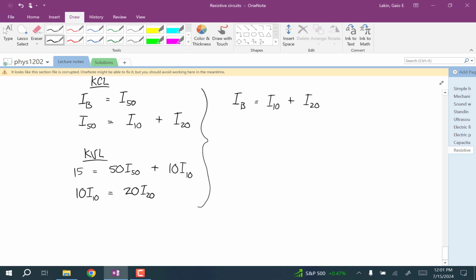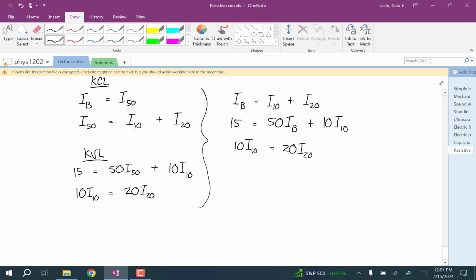And then we have 15 is equal to 50 IB plus 10 I10. And then we have 10 I10 is equal to 20 I20.